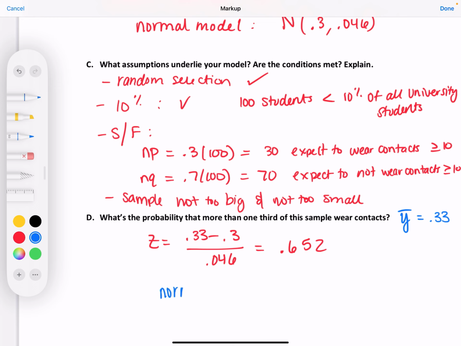So normal CDF of, we use this number, 0.652, 1E99, 0 and 1. So 0.652. And that comes out to be 0.257.